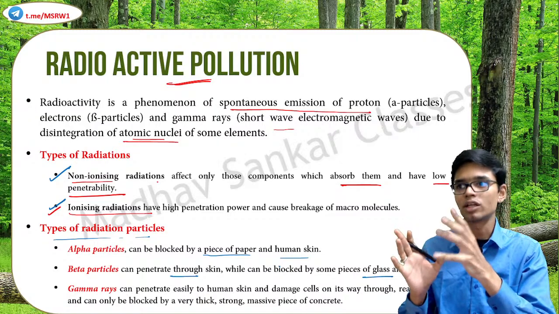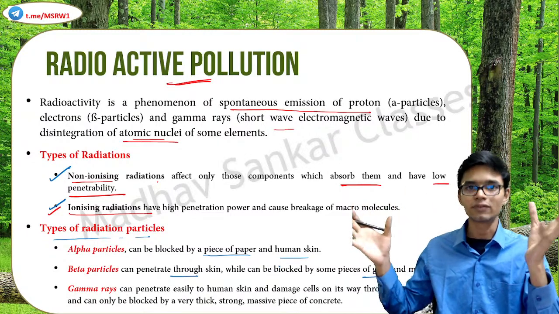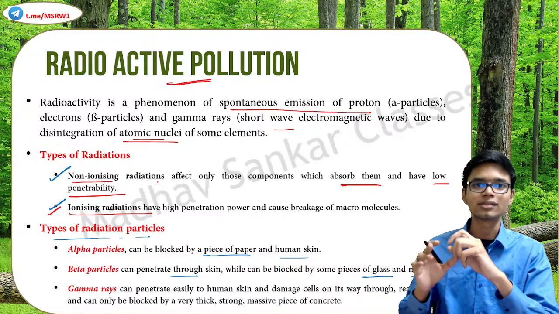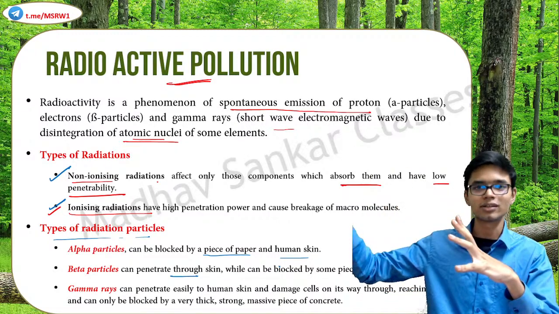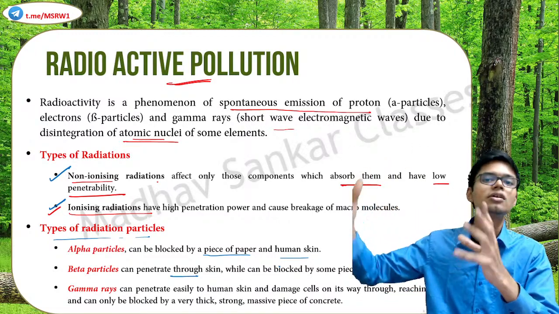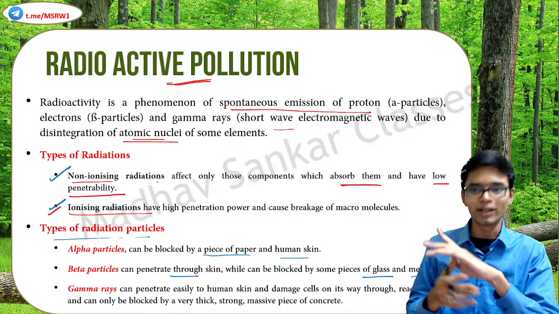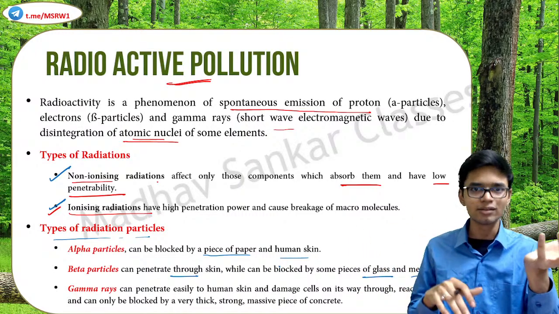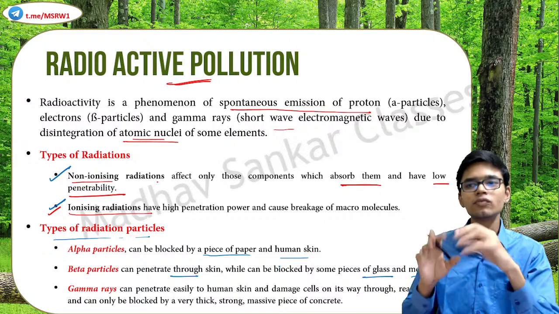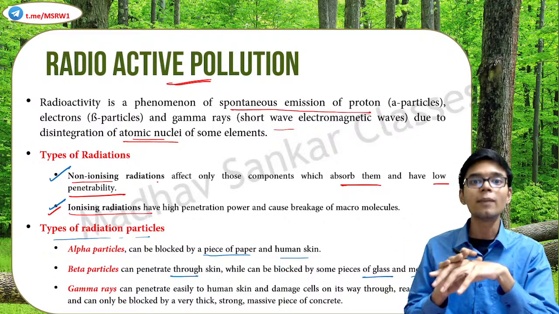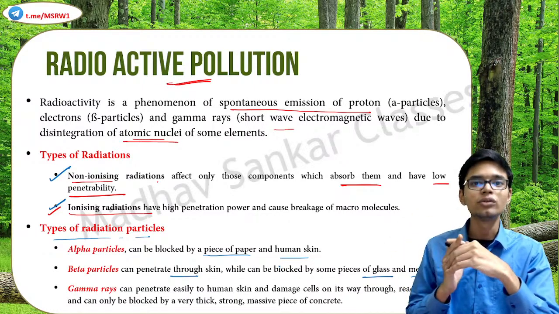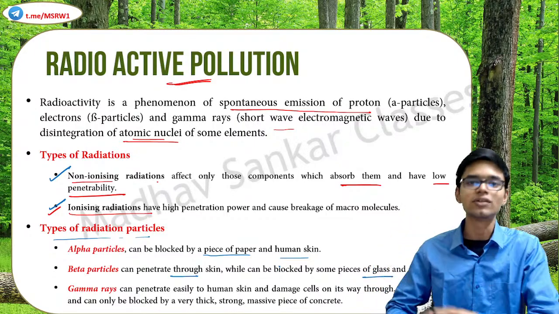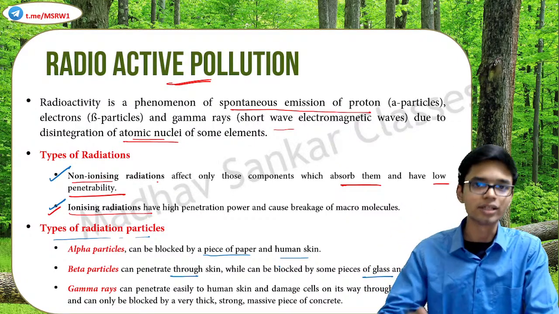They can only be blocked by very thick layers of concrete. This is why nuclear reactors are usually constructed in very isolated places and have huge precautions. When a nuclear meltdown happens, these kinds of rays are emitted. Alpha particles, yeah, you can handle them. Beta also, with proper precautions, it's possible. Gamma rays are extremely dangerous, and you need very state-of-the-art protective gear.